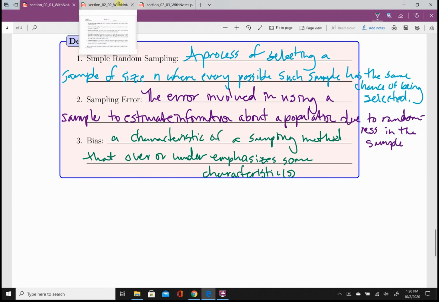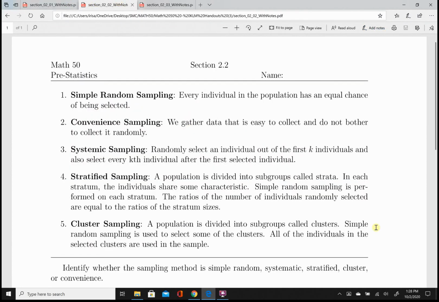So now we're on section 2.2, and notice that there are 5 different sampling methods defined here. I'll read each of them out loud for you, and then we're going to identify the sampling method for each of the 5 examples presented underneath.